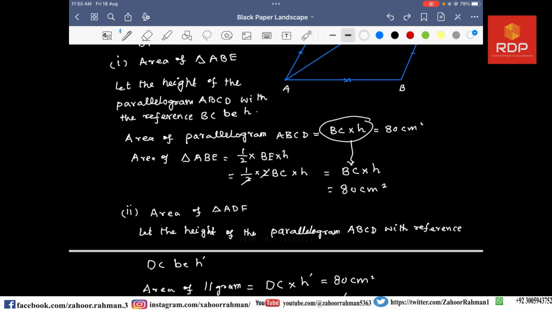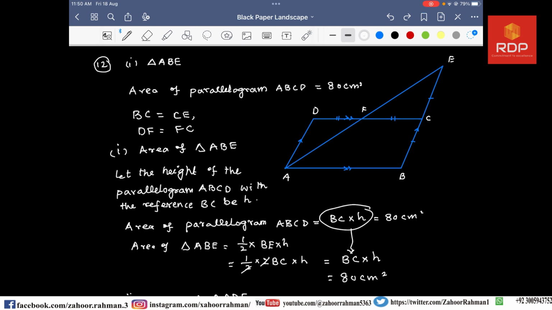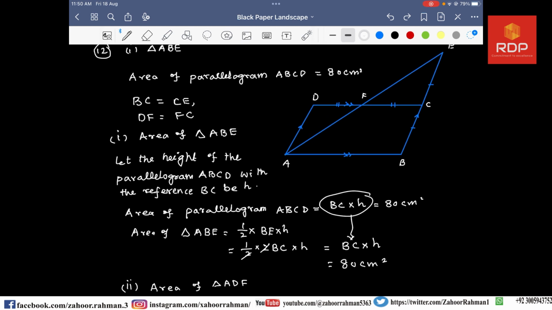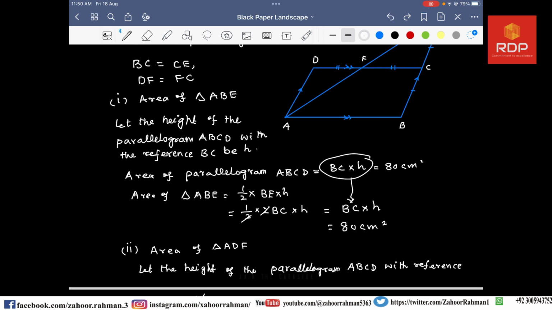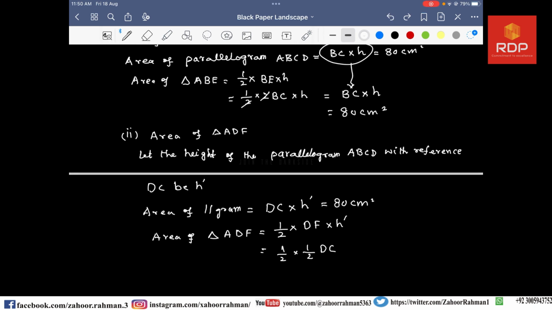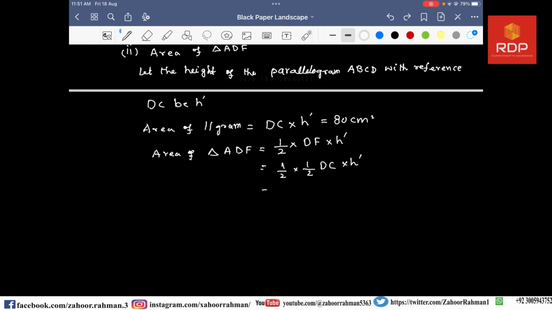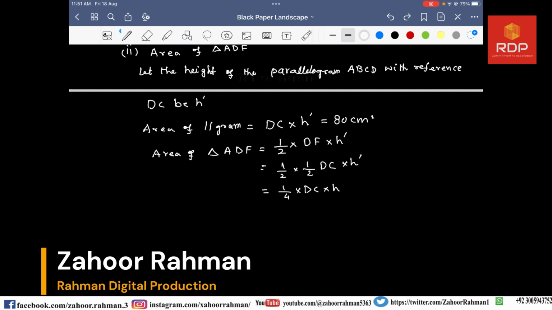Now we can write 1 over 2 into 1 over 2 of DC. It means that DF is the half of DC. This is DC full, so this is the half because this is equal to this. So we can write DF as half of DC, and then this will be equal to 1 over 4 into DC into H dash.